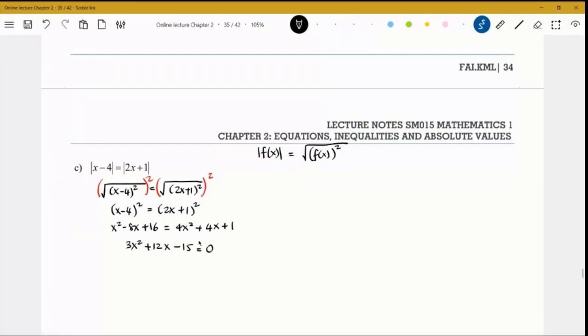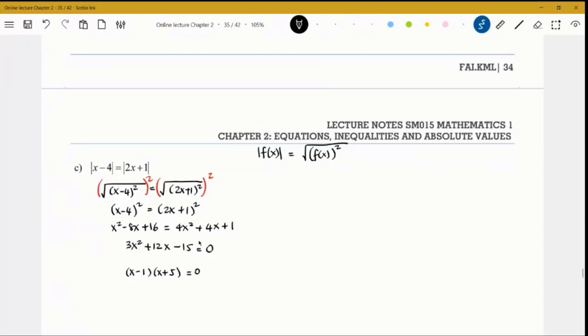Okay, can we factorize this one? Okay, so factor jadi apa? (x minus 1)(x plus 5).